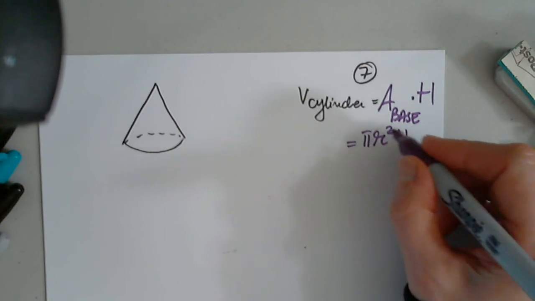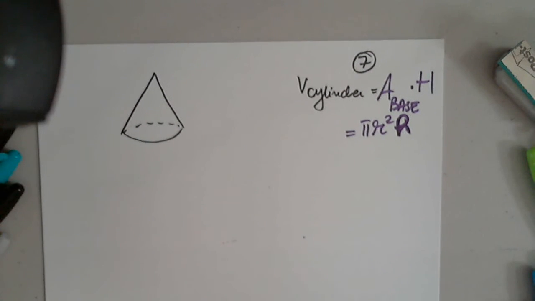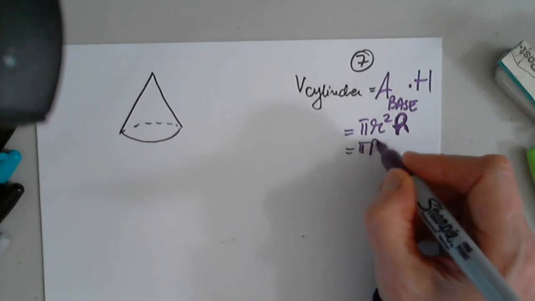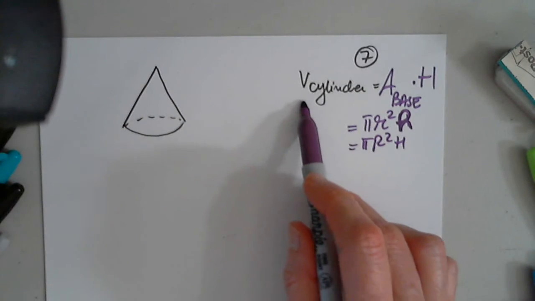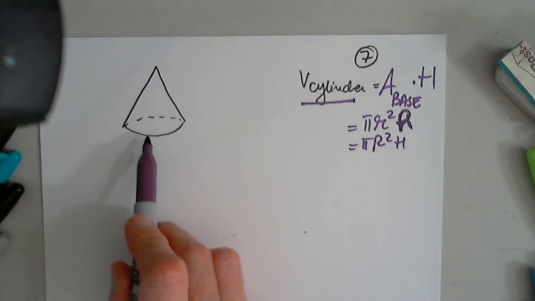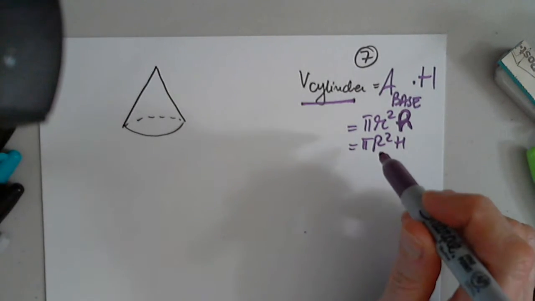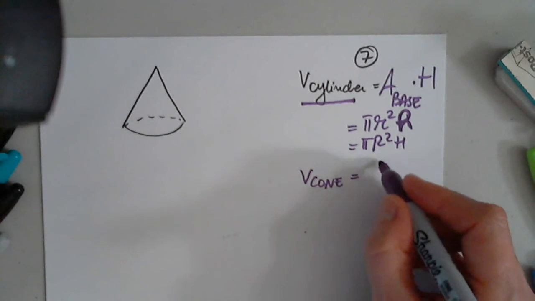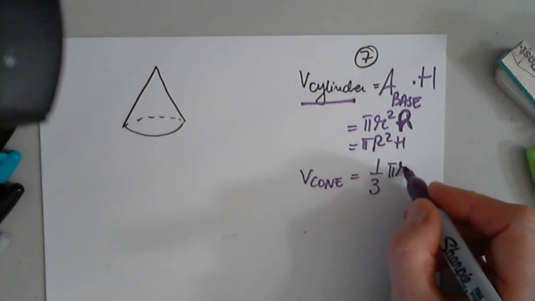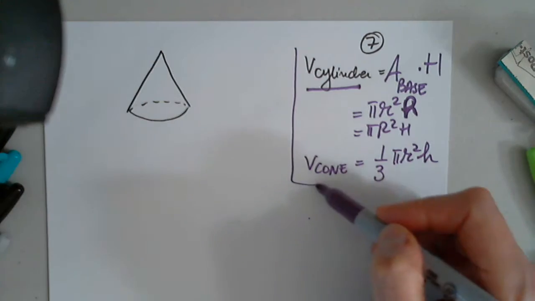And since I put lowercase r, I'm going to write lowercase h. Doesn't matter, really. I can change it also into pi r squared h. But why I mentioned this is because the volume of the cone is the same thing, but with 1/3 in front. So it's easier to remember them together. 1/3 pi r squared h. So this is a side comment.